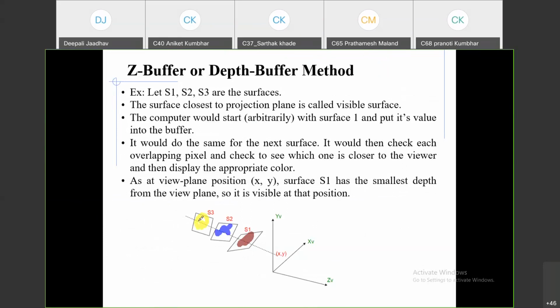The Z value indicates which is the closest surface. The color of that polygon's surface is stored in the frame buffer to be displayed. Whatever is not visible is not shown; only the visible pixels are stored in the frame buffer.